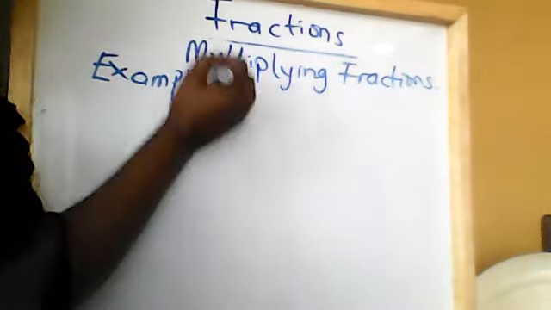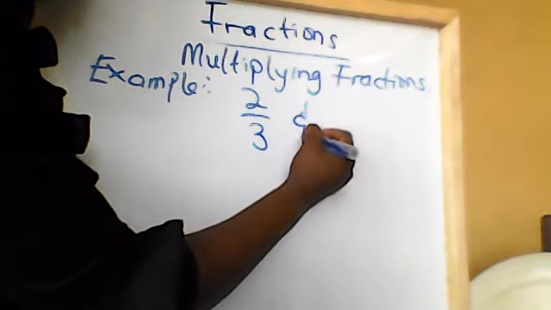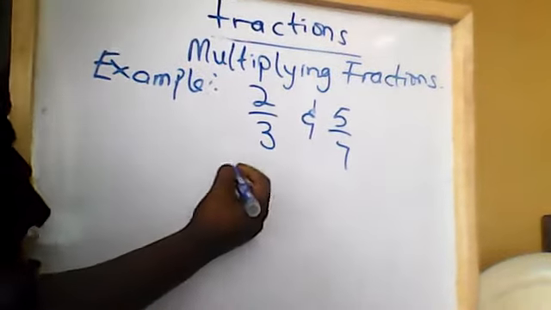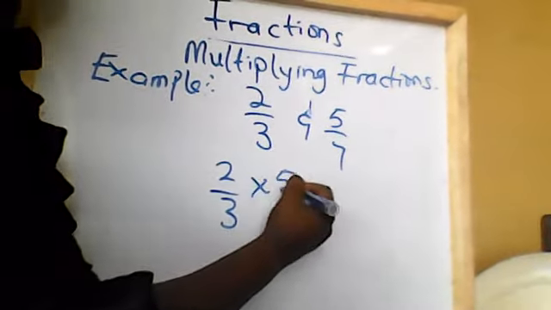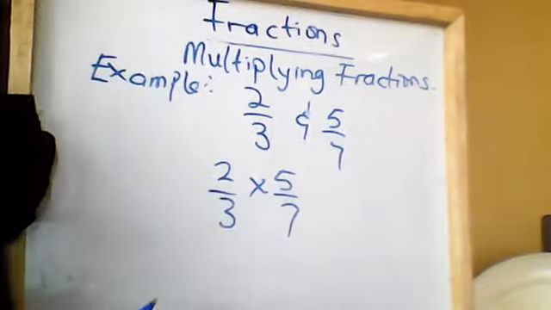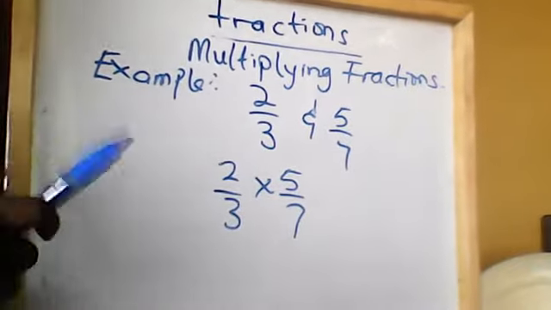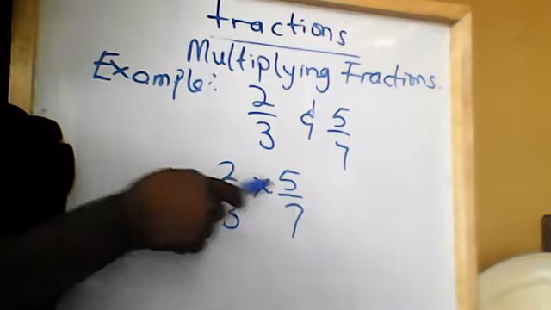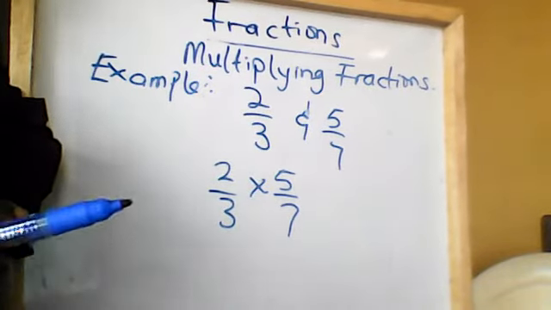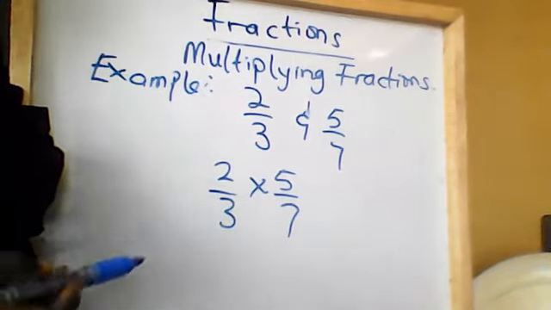If we have these two fractions and you were to multiply them together, we multiply the numerators together and then the denominators together. We never multiply a numerator with a denominator. We don't do that. It's not a correct way of solving mathematics, and I find students do this a lot.